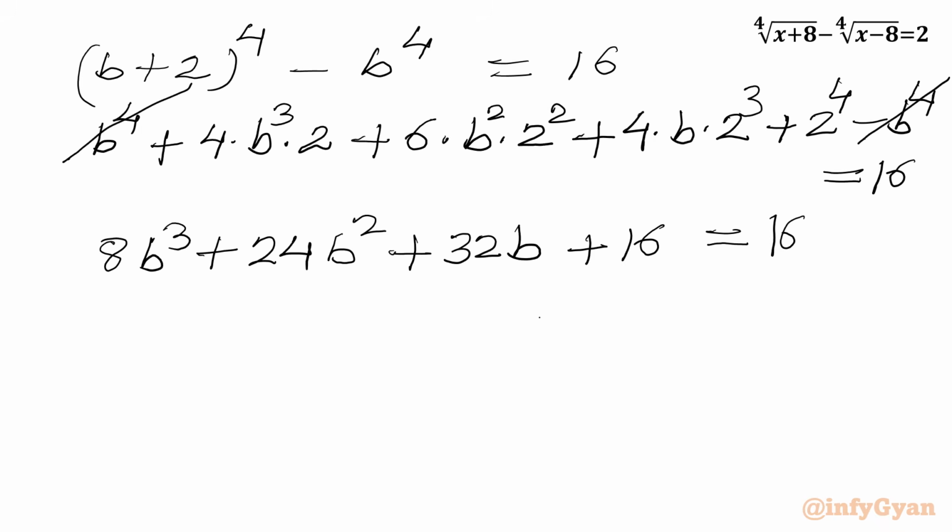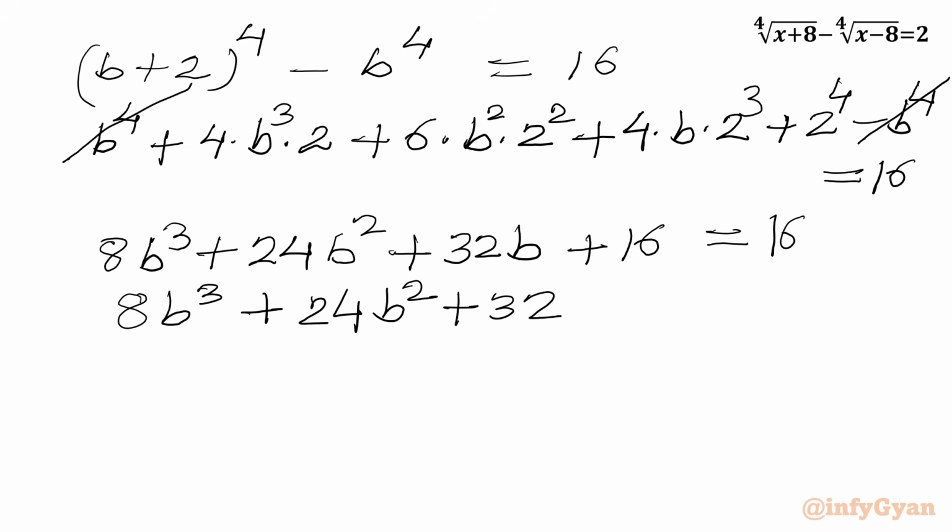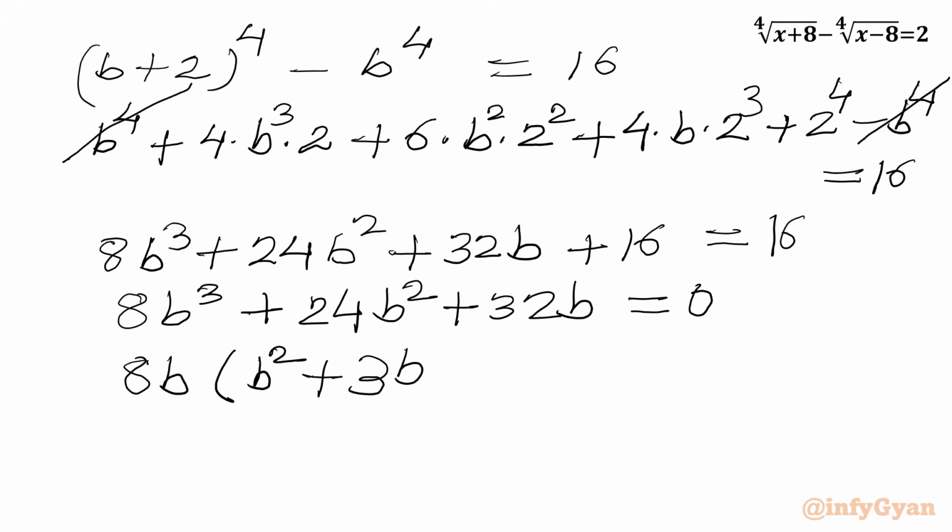Now we will take all the terms to LHS. We will get 8b cube plus 24b square plus 32b plus 16 minus 16 is 0. So we'll write equal to 0. Now 8b is common. We'll write 8b, and in the bracket there would be b square plus 3b plus 4 equal to 0.